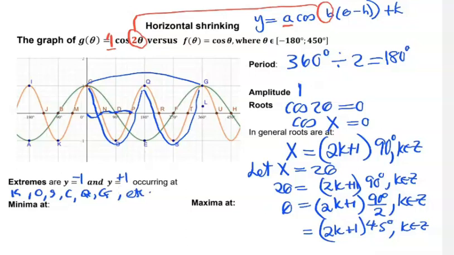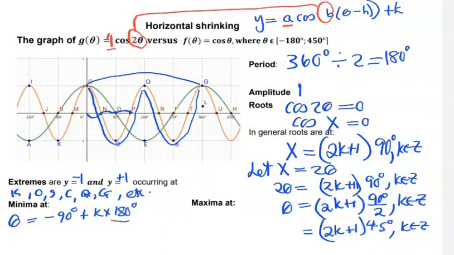And we can write down again a formula for our minima. The minima are still minus 1, but they occur at, for instance, minus 90 degrees plus K times 180 degrees.